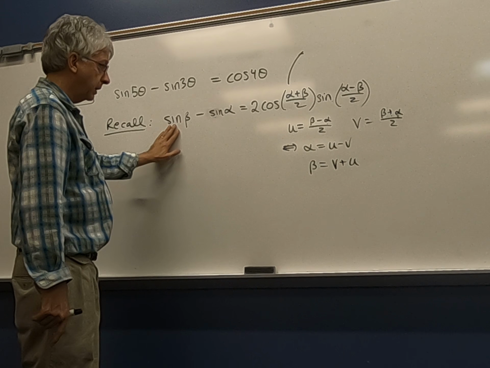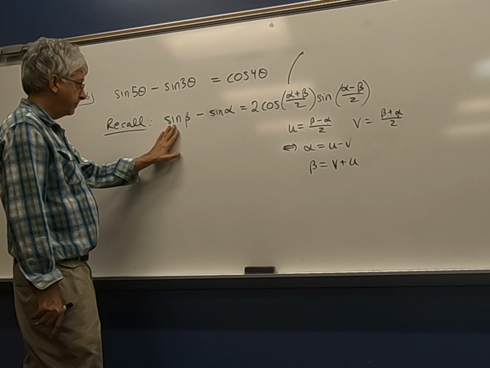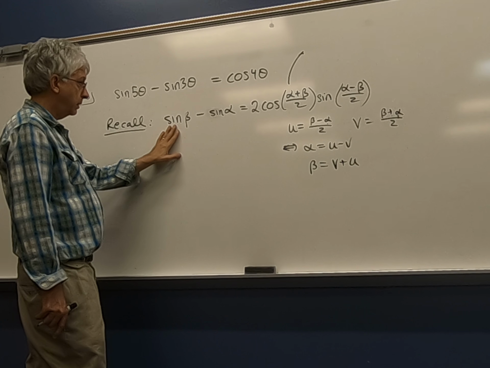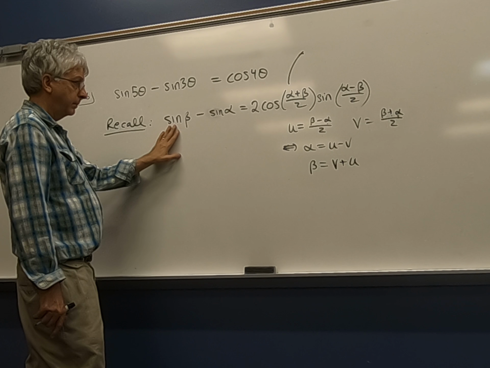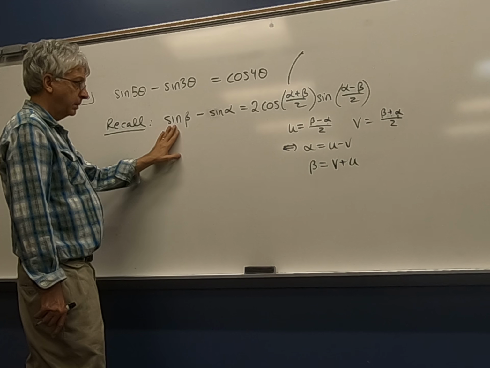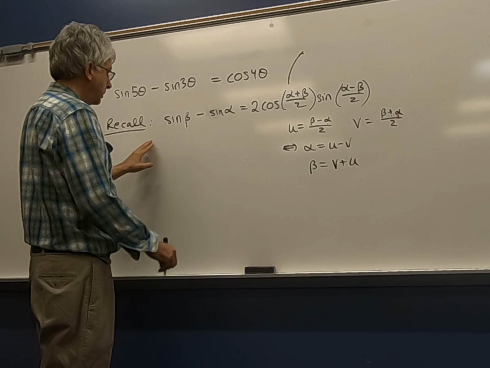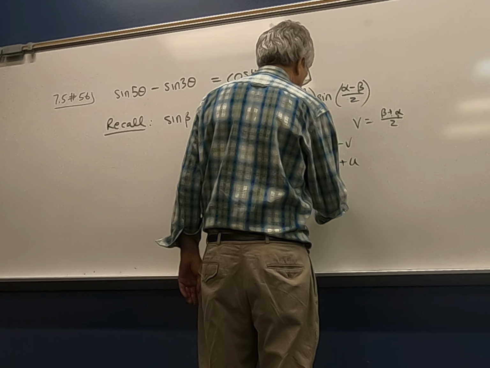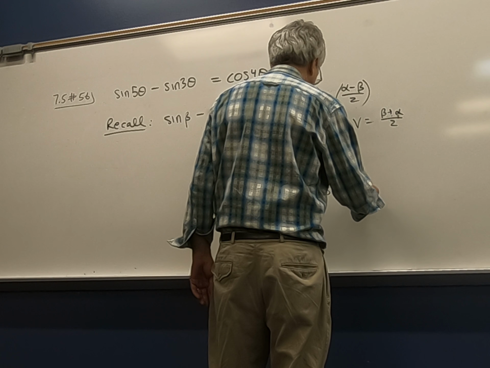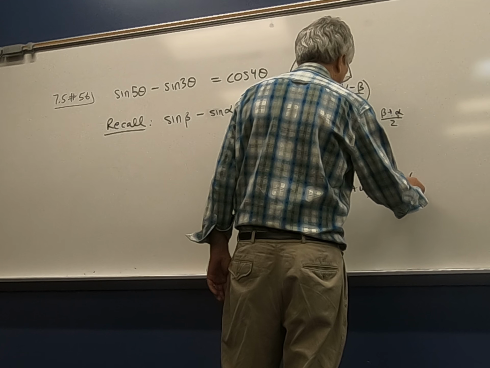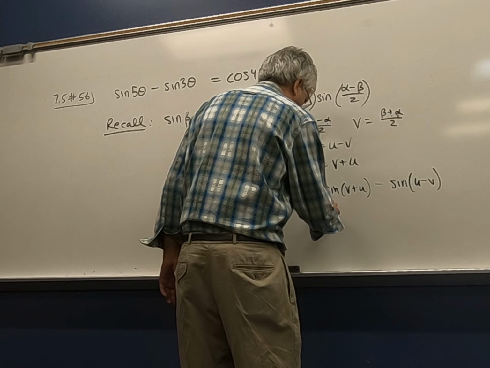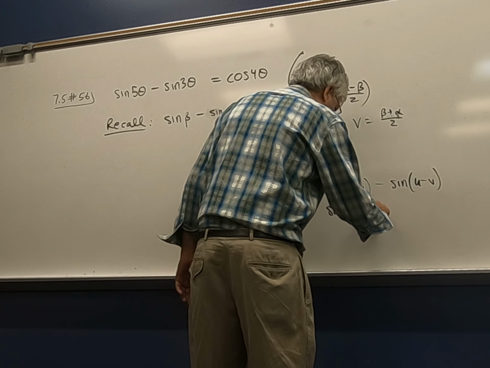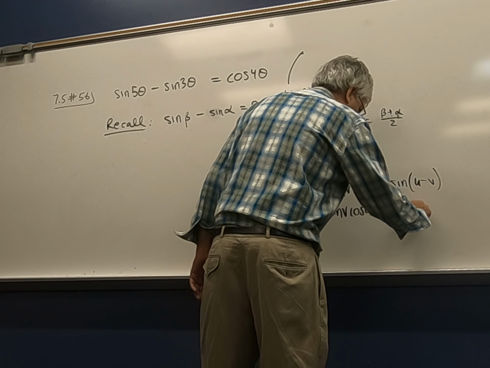So then if I plug in beta here, I'll get sine. Let's check it. Okay, so this is sine of v plus u minus sine of u minus v. What do you get? Well, this is sine v cosine u plus sine u cosine v.